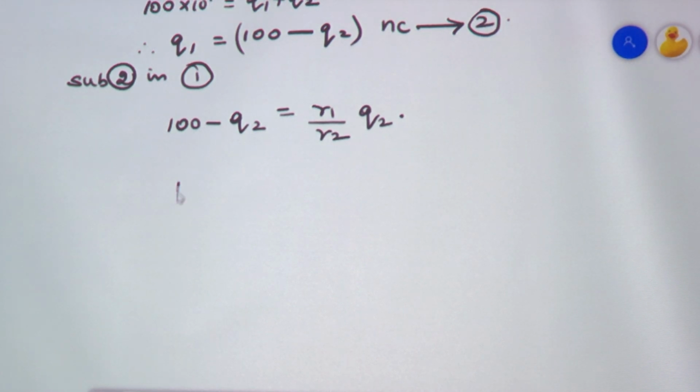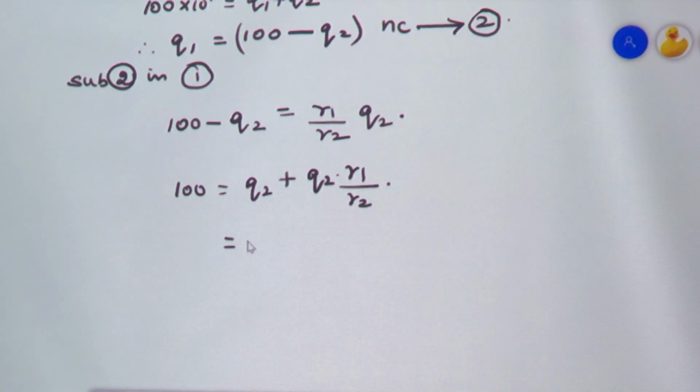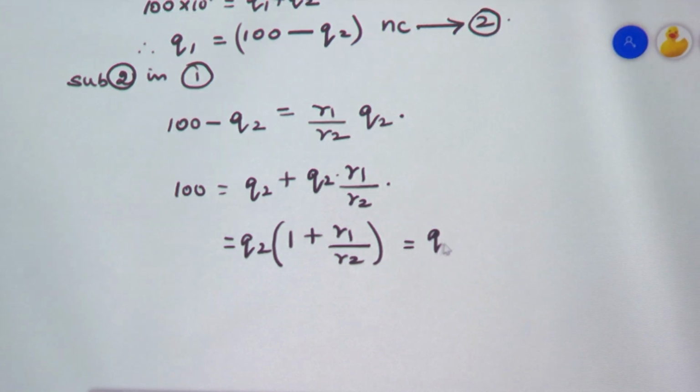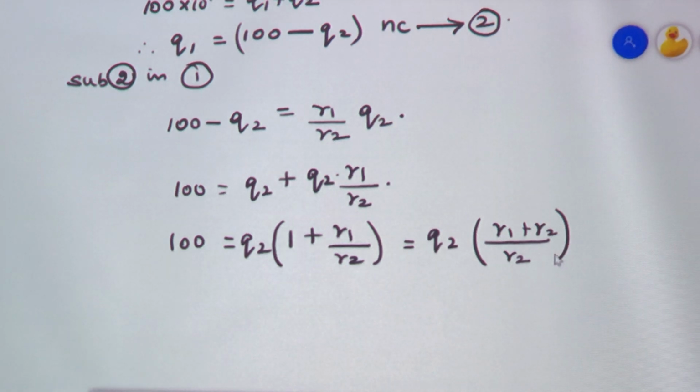So, I can write 100 is equal to, when I am taking this to the other side, Q2 plus Q2 into R1 divided by R2. Or Q2 can be taken as a common factor, 1 plus R1 divided by R2. Or I can write this as, left hand side it is 100 nanocoulomb, equal to Q2 into, taking R2 as LCM, R1 plus R2 divided by R2.